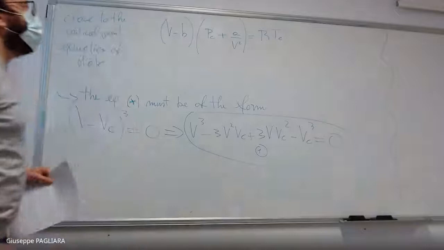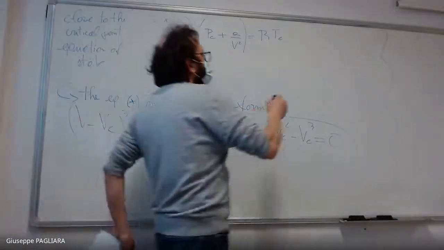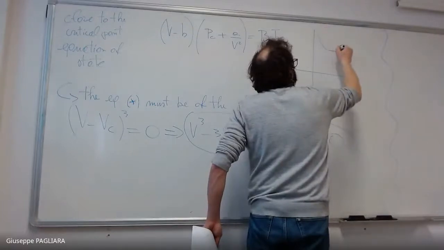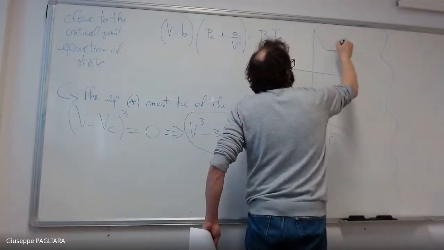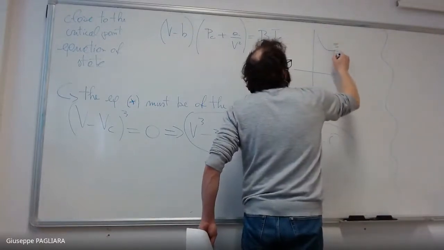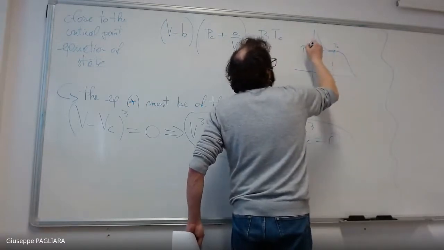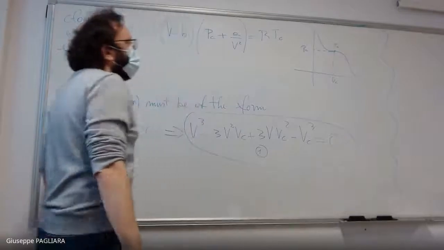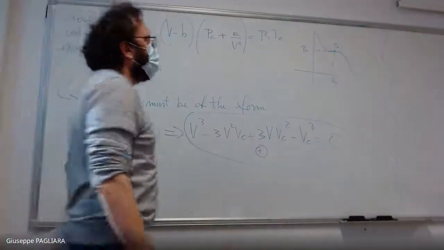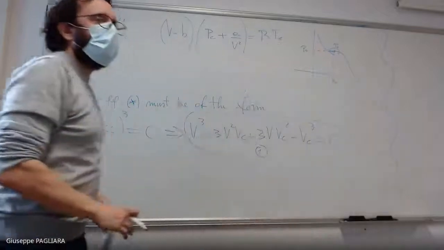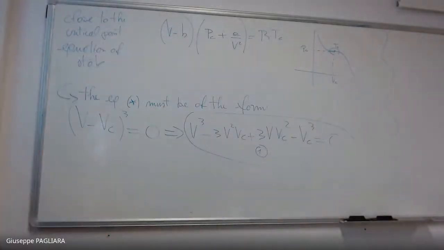So basically what I'm doing is considering a region. Let's draw again this line here. This was the critical temperature, critical volume, and critical pressure. I'm writing the equation of state in a region which is close to the critical point, so I move a little bit from it, but I have Tc and Pc in that region.